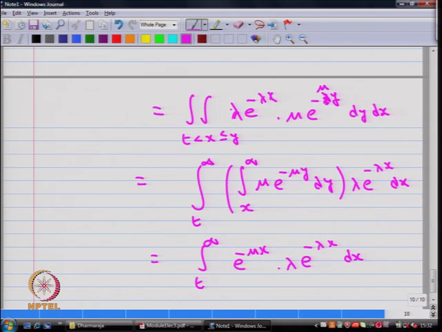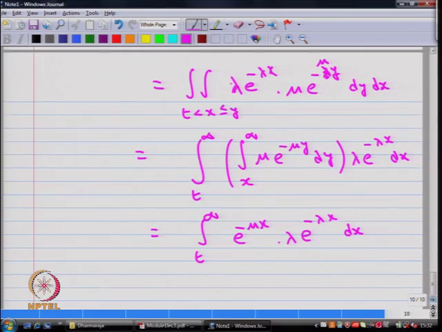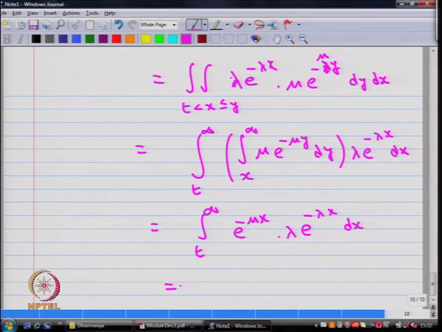If you do the interior integration, you will get e power minus mu x, then the remaining things are as it is. That is same as, you can keep lambda by lambda plus mu outside.